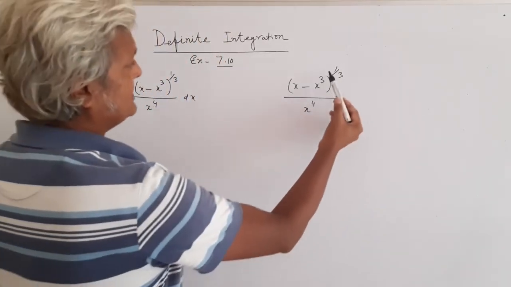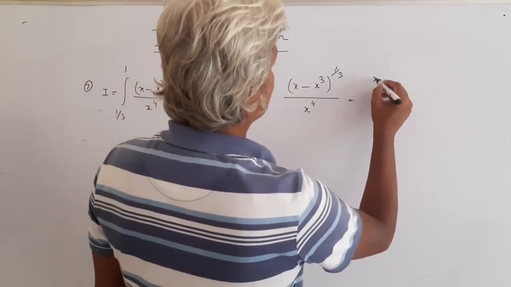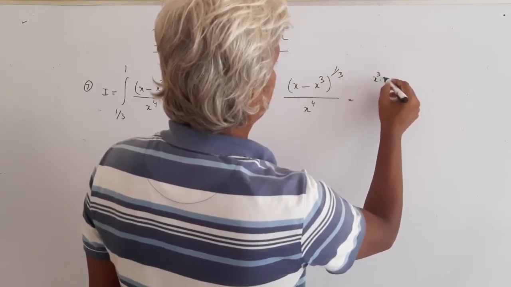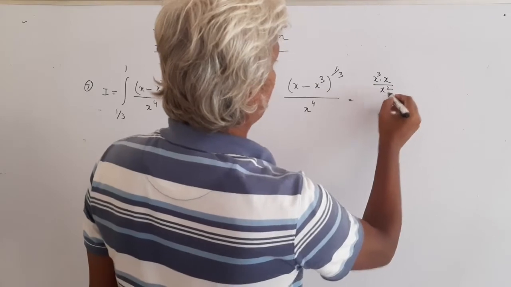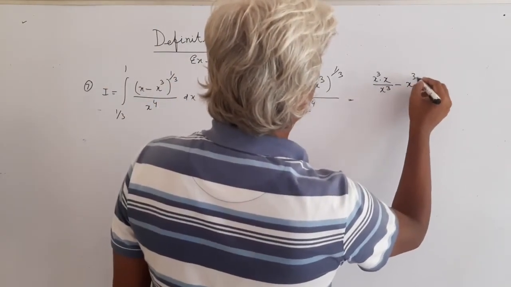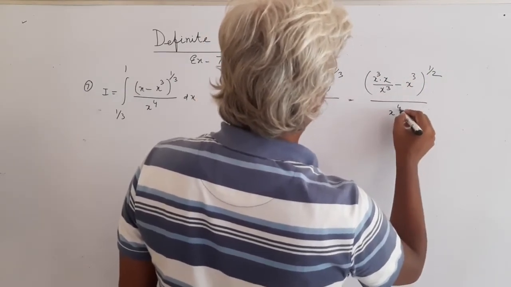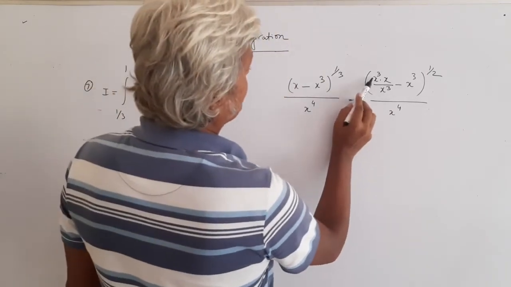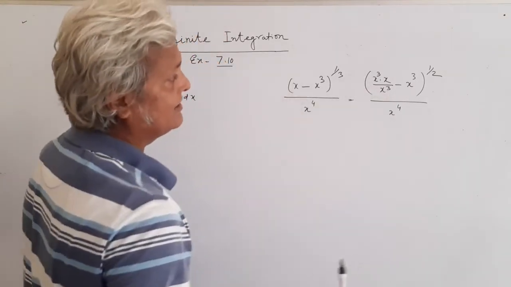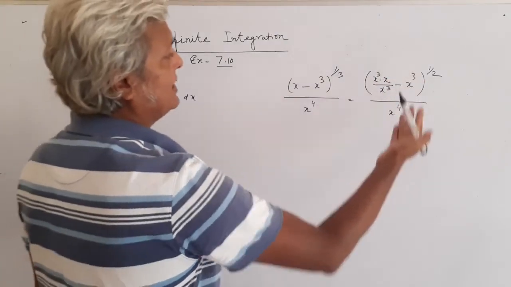Now this 1 by 3 suggests that we can take x to the power 3 common, but to make it easy I like to write this as x cube by x square minus x cube whole to the power 1 by 3 upon x to the power 4. I have just multiplied up and down so that I can see that x cube is there. If you are smart enough, you can just take it directly.